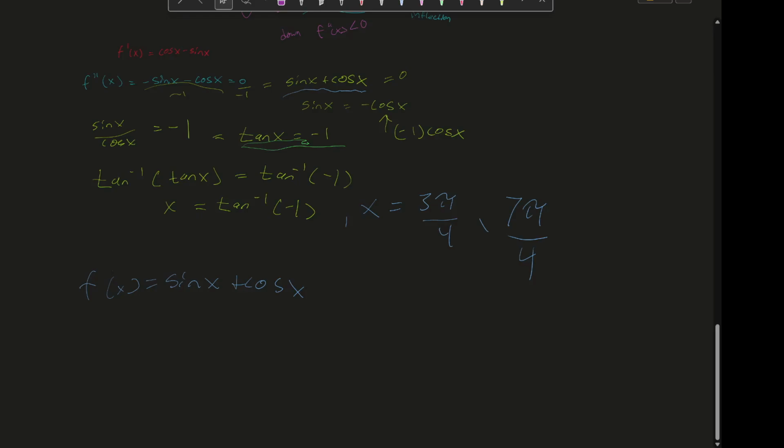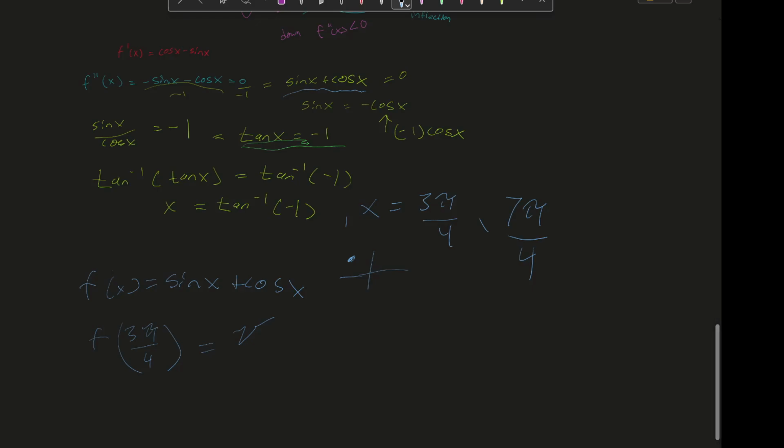But okay, off topic anyway. If you evaluated f of 3 pi over 4, you'd have sine of 3 pi over 4 plus cosine of 3 pi over 4. In the coordinate system, 3 pi over 4 is over here, a negative x value and positive y value.